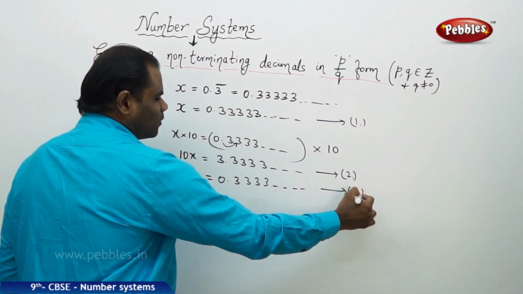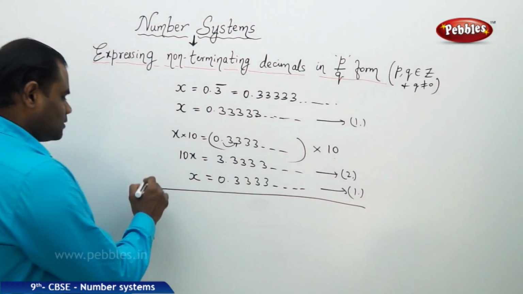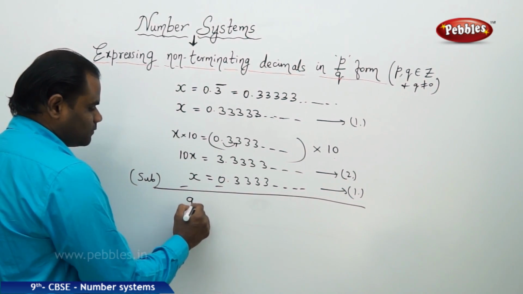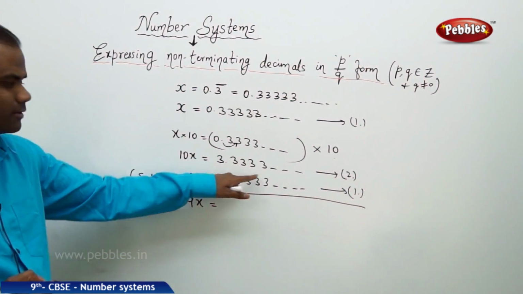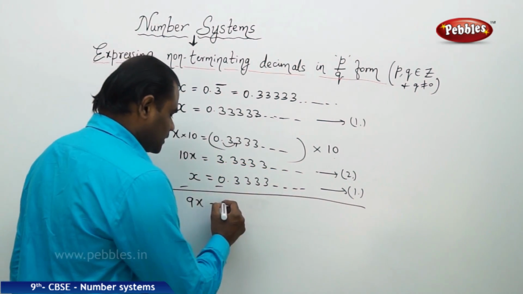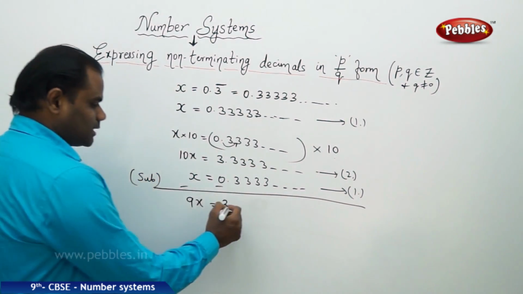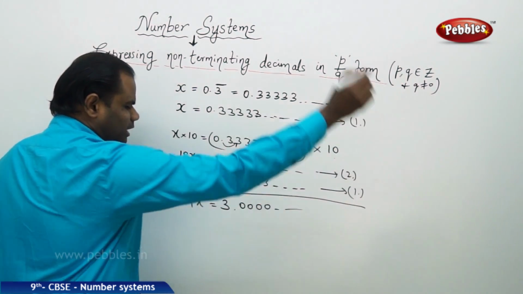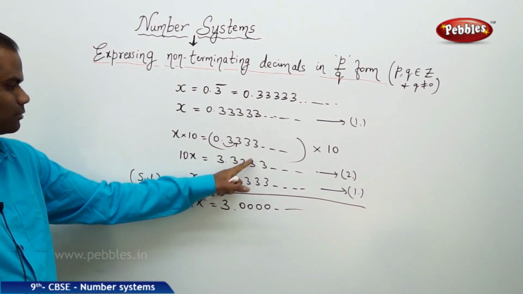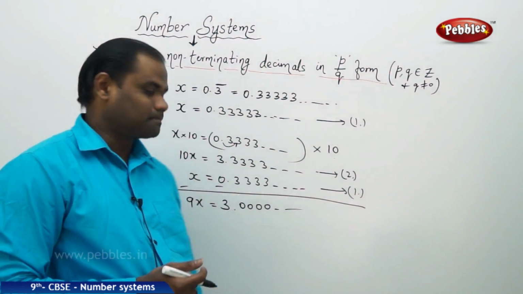I subtract the two equations, and I get 10x minus x, which is 9x, and 3.333 and so on minus 0.333 and so on will exactly give me 3. The subtraction makes this 3.000 and so on, because 3 minus 0 is 3, 3 minus 3 is 0, 3 minus 3 is 0, and so on, all zeros till infinity.